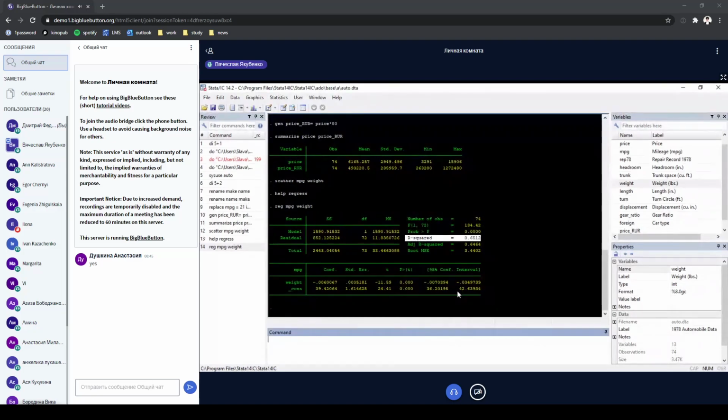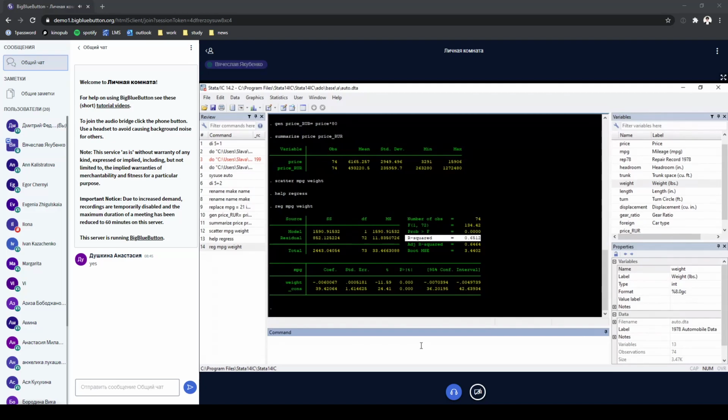It means that we can predict the mileage of our car number 75, the one that's not in this sample, quite well. So we can explain 65% of the variation. It's a good thing for this task.